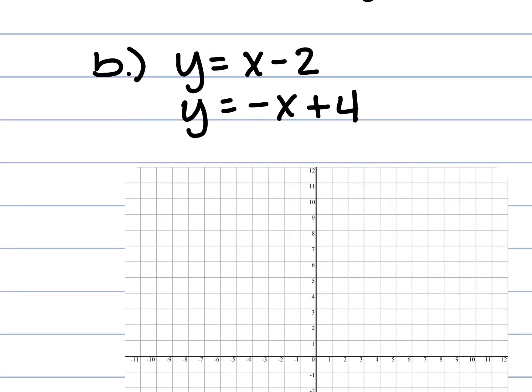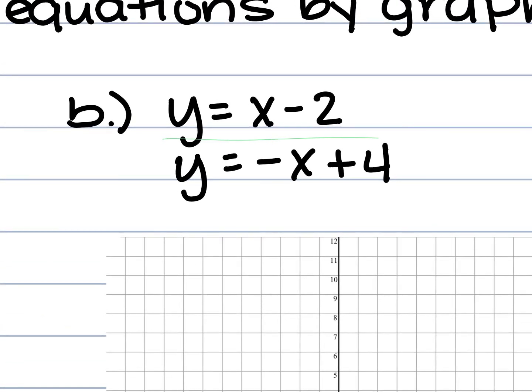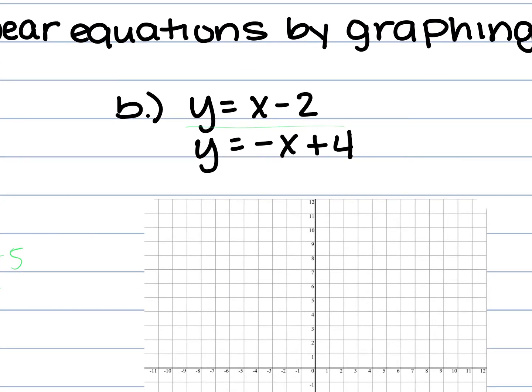So we've got y equals x minus 2 and y equals -x plus 4. Alfred, graph the first one, please. Our m is 1, and then our b is -2. Excellent.